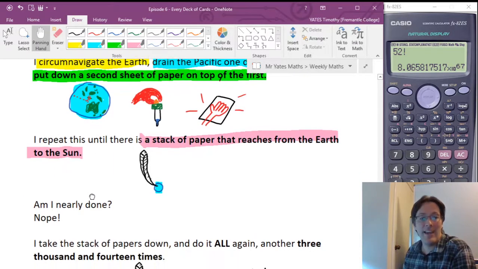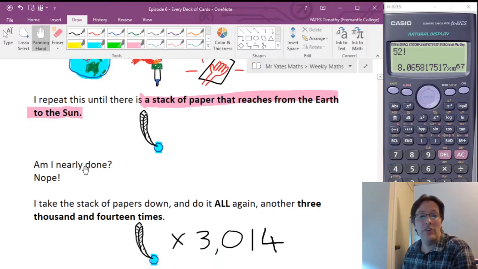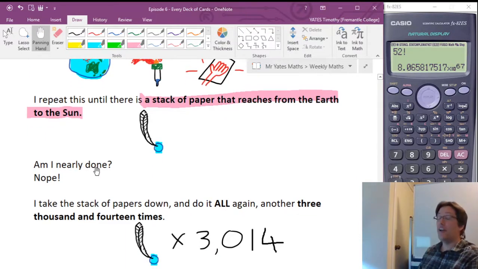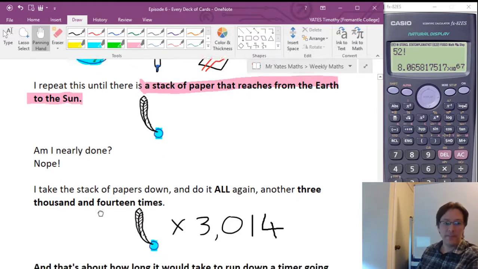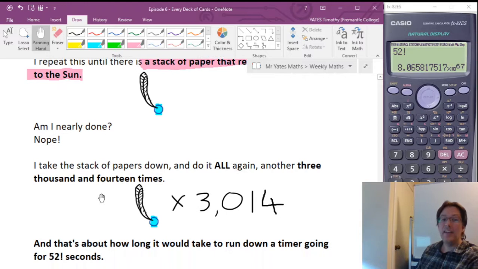I take that stack of papers down and do all of it again. And I don't do it just once. I have to do it 3,014 additional times. And that is about how long it would take to run down a timer going for 52 factorial seconds. Now, this is just an unfathomably huge number.